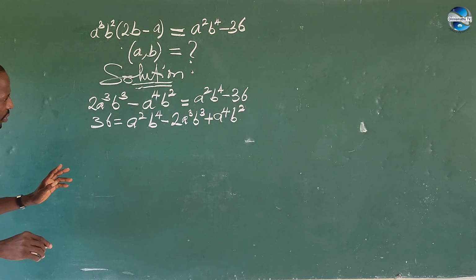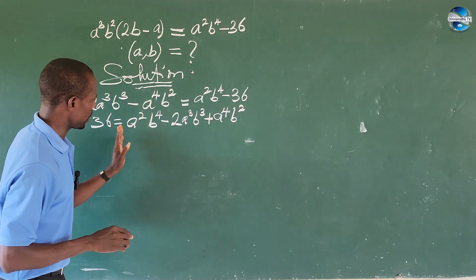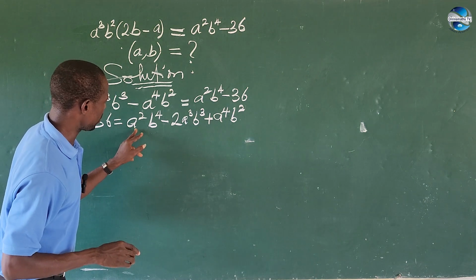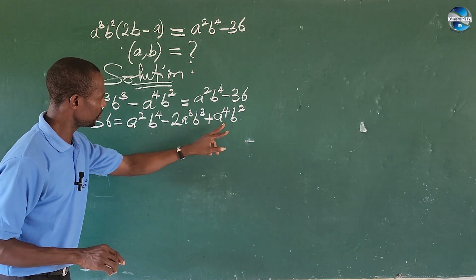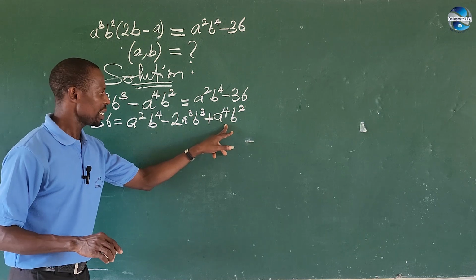All right. Because we have a to the power of 2 here, and here, and here, we can factor out a to the power of 2.